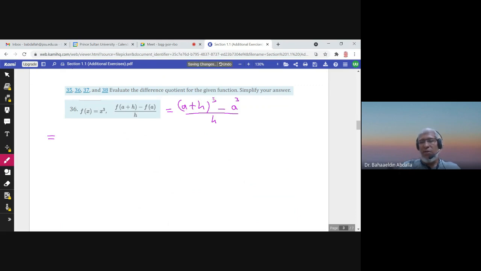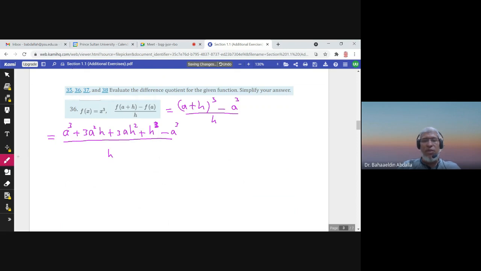If you have a plus h to the power 3, this is equal to a cube plus 3a square h plus 3ah square plus h cube. This is a formula to find the cube of a binomial. Minus a cube over h.